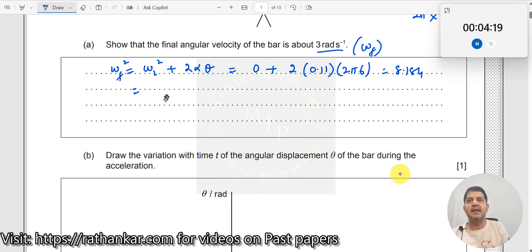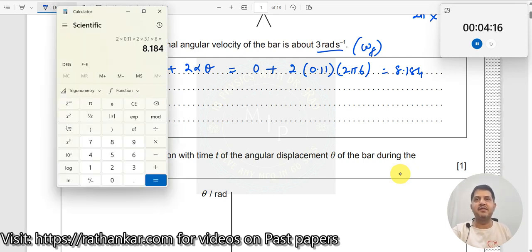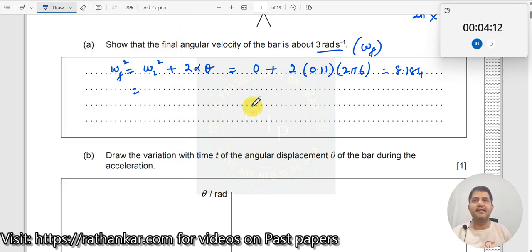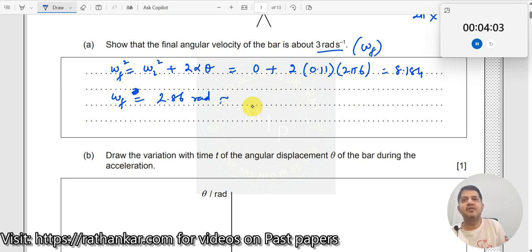I need to get the square root of this. The square root will be 2.86 radian per second. Thus omega f is equal to 2.86 radians per second, which is close to 2.9 or 3 radians per second, as expected.